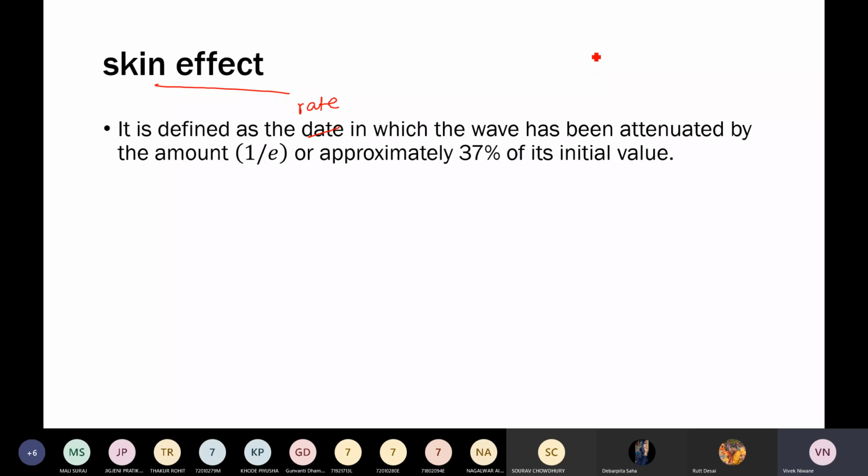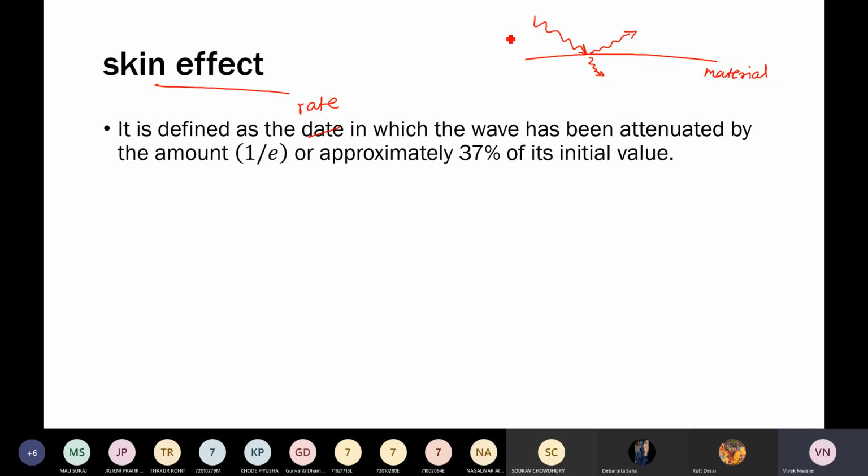Okay, means what? If we have a boundary and a certain wave is incident on the boundary of some material, definitely part of the energy will be reflected and part of the energy will be refracted inside the material. We are talking about electromagnetic waves.